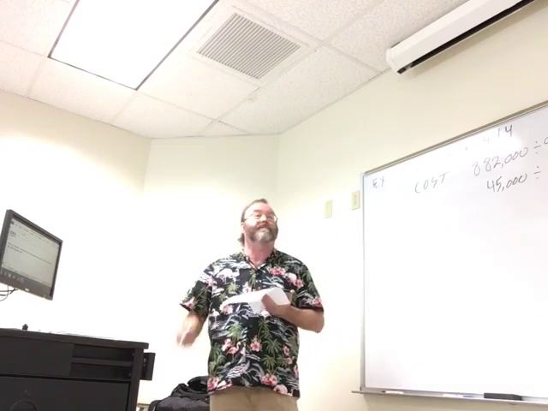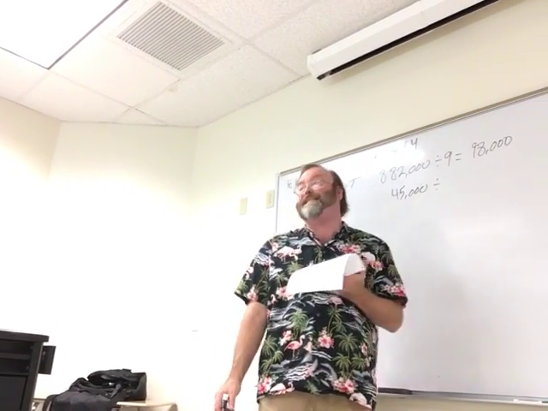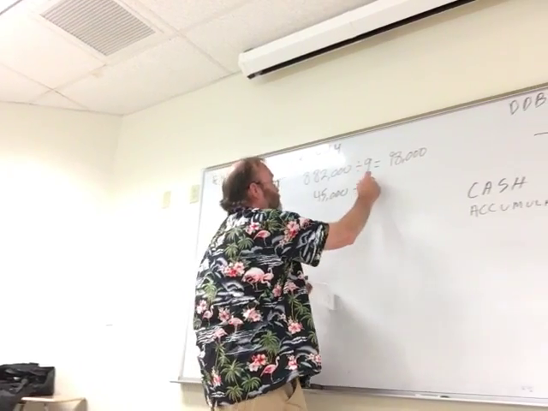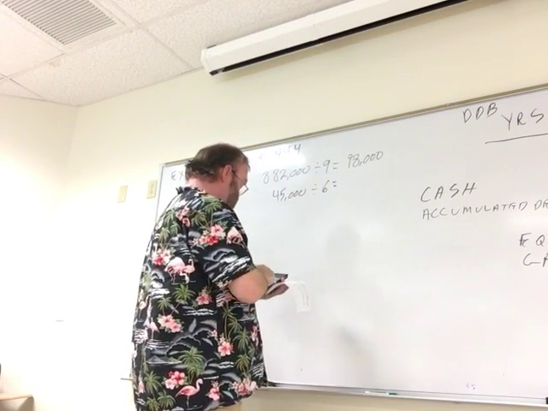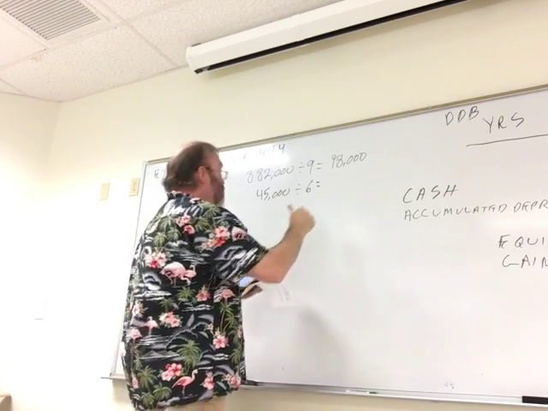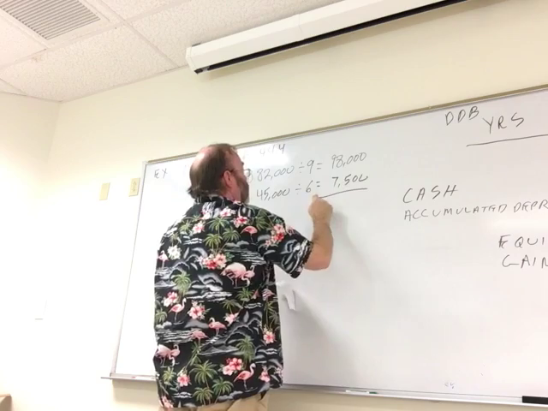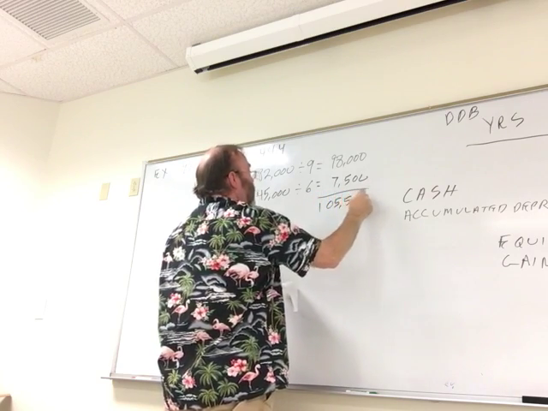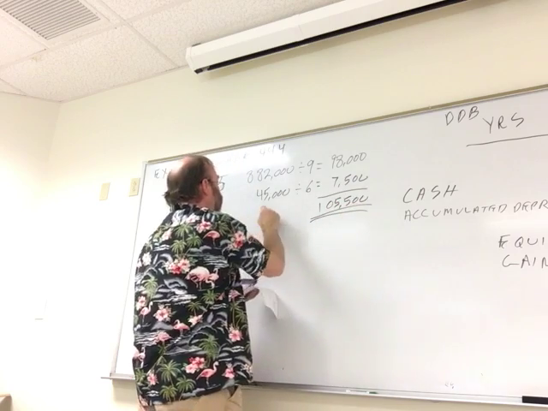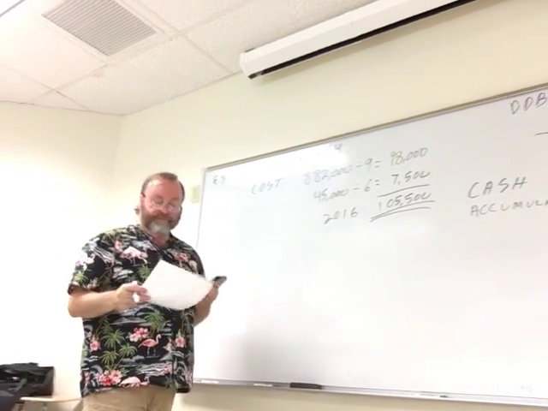We had 9 at the beginning of 13. It's now the beginning of 16. So there's 6 years left. $7,500, $100, and $5,500 is now, for 2016, our amortization expense.